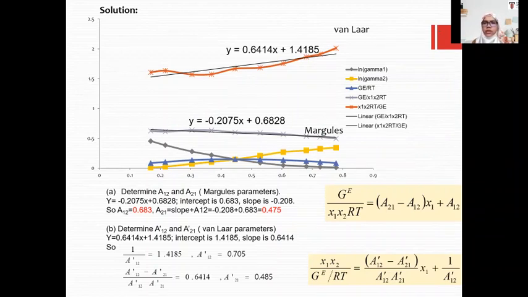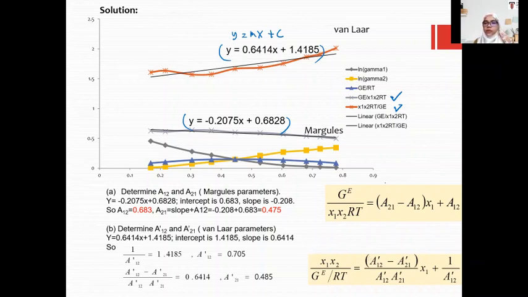So the interest here is we have this line, GE over x1 x2 RT, and also the second red one. So the equations of interest are both. So we can compare it with the linear equation y equals mx plus c. And you can insert into this.